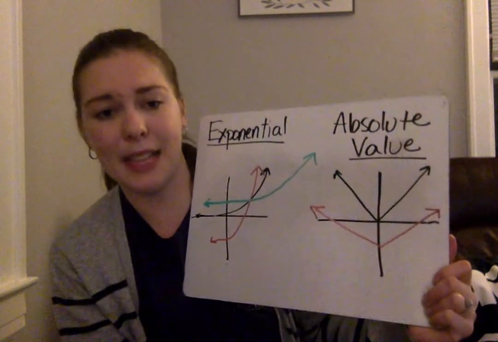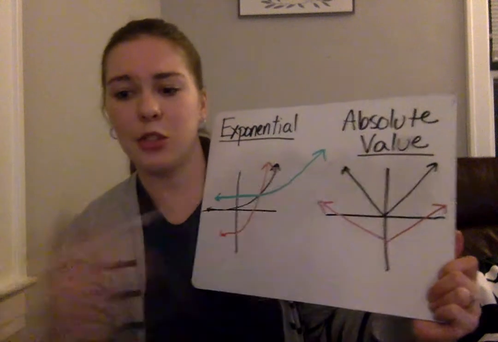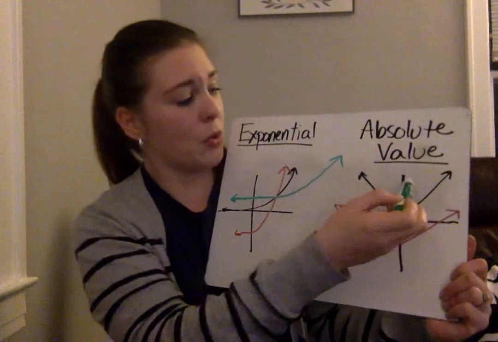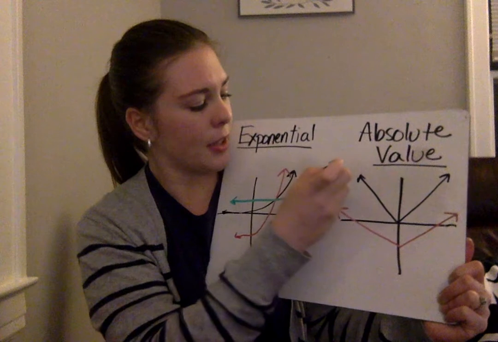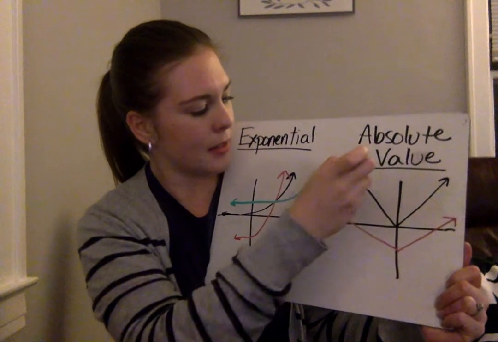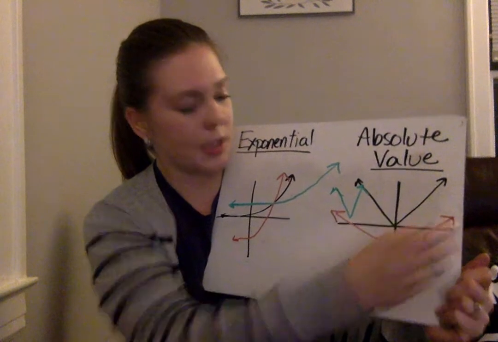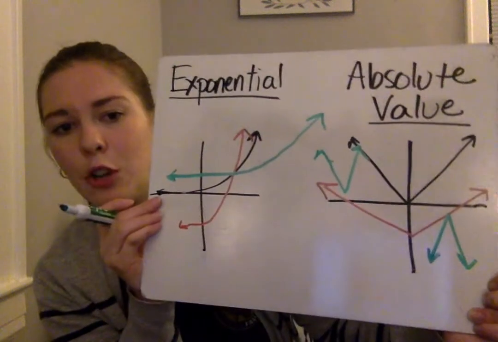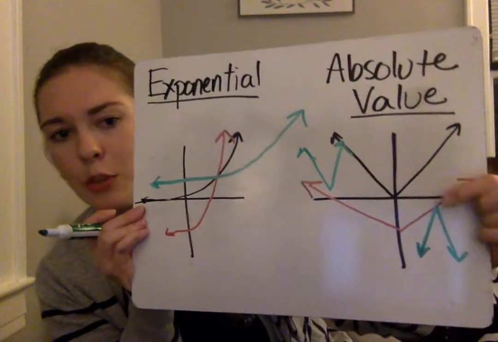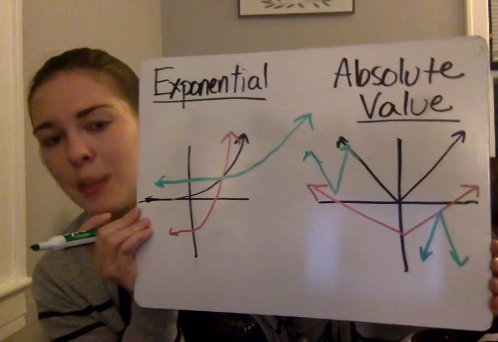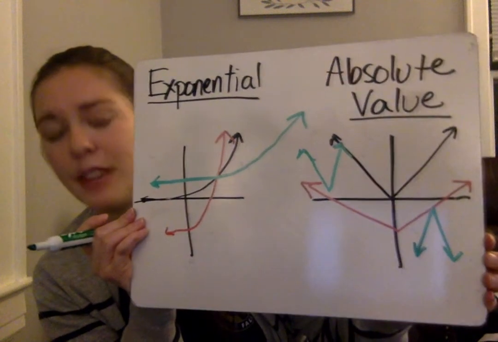It's not exactly the same, but we can still see that V shape. Maybe we move this V over here and make it skinny. Maybe we move it down here and flip it around. Either way, we're looking for that sharp V shape, that really sharp corner. That tells us that it is part of the absolute value family.